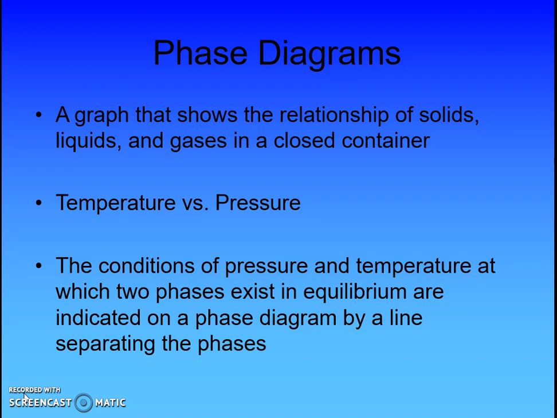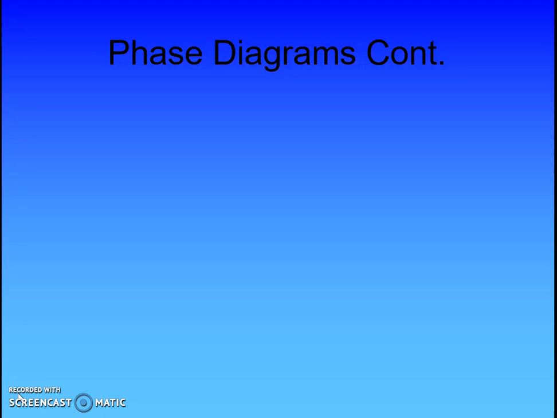Same thing between a liquid and a gas. Between a liquid and a gas, you'd have boiling or vaporization with condensation happening at the same rate. So there are some significant points that are labeled on a phase diagram, one of which is the normal melting point, the temperature at which a substance will melt or freeze, for that matter, at 1 atmosphere pressure, 101.3 kPa, or 760 millimeters of mercury, whichever you are looking at in terms of the standard pressure.